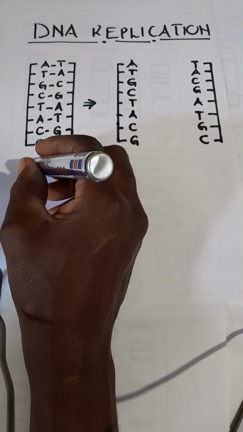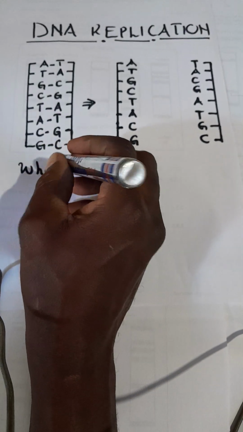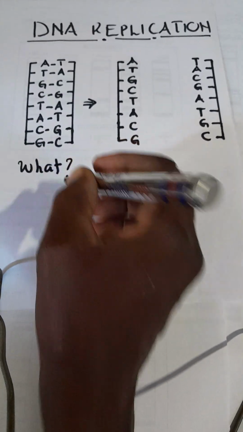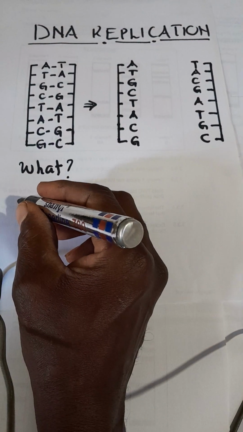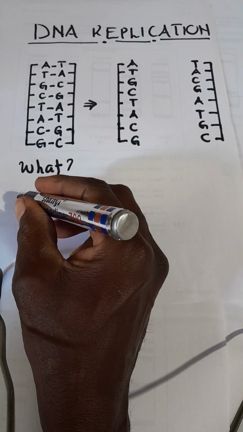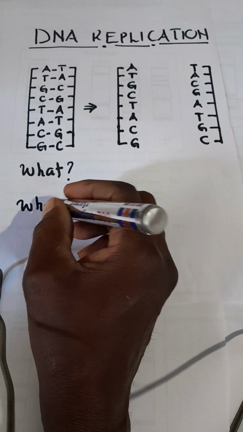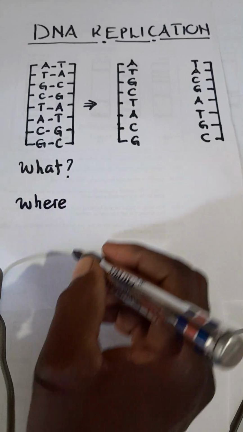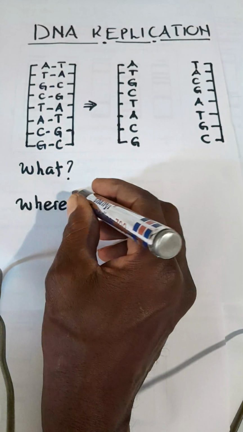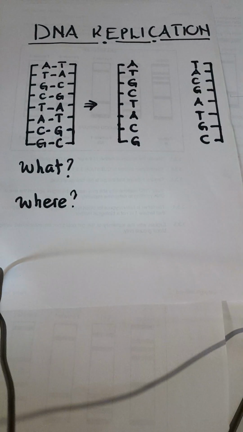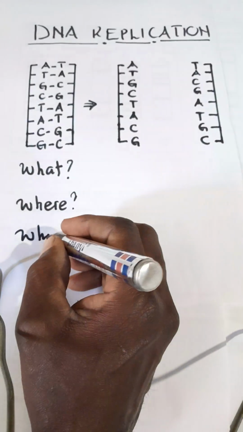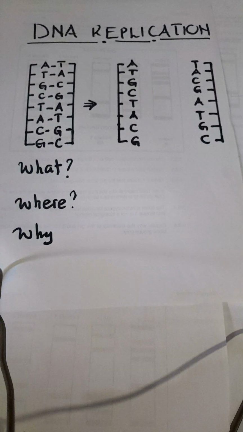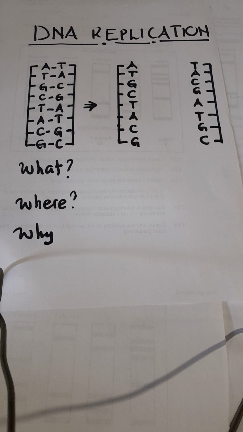The question of what is DNA replication. Two, we will talk about where. When you talk about where, we simply talk about where this process takes place. Then why. Why does DNA replication take place?